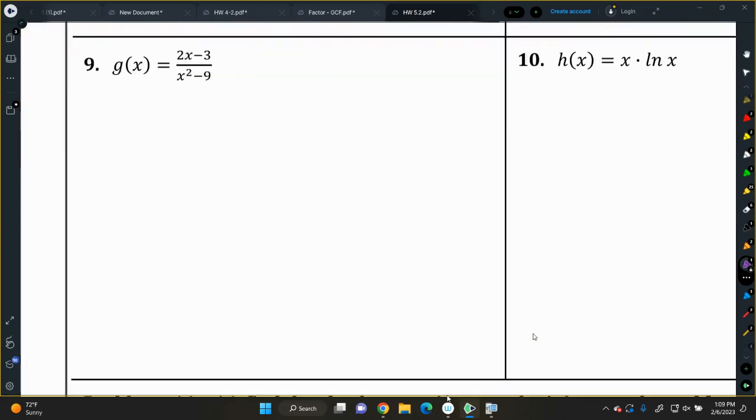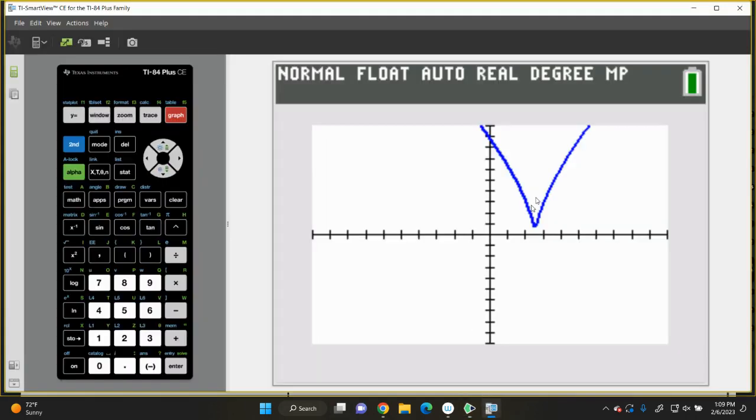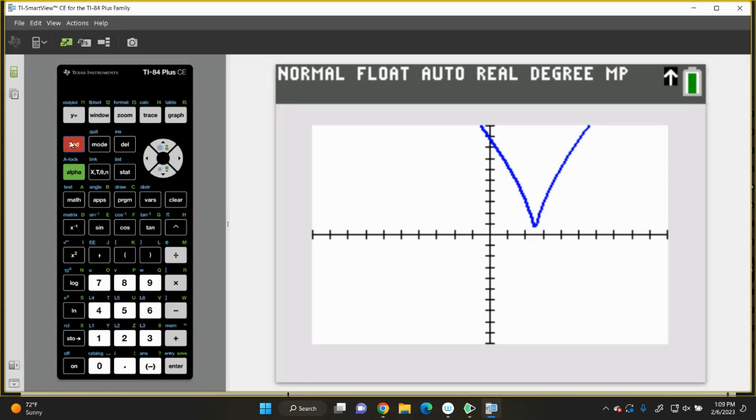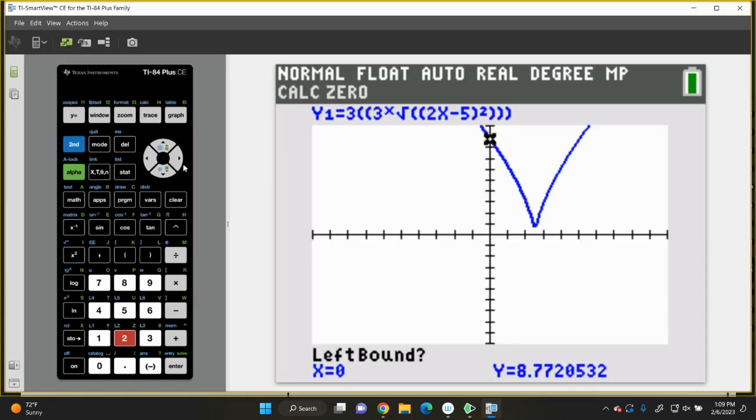Sorry to go back a little bit, but when you were graphing the denominator, it didn't show that it hit the x-axis. Good question. So we know that it actually hits 0 at 5/2, but it doesn't look like it on the graph. So if we did a calculate zero, and it's asking for the left of where we think the 0 is, I'll press enter there.